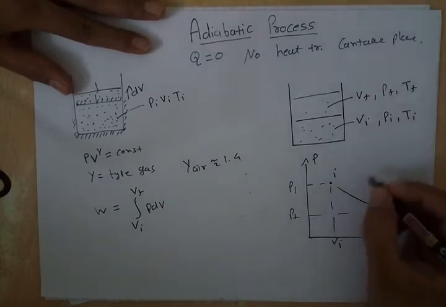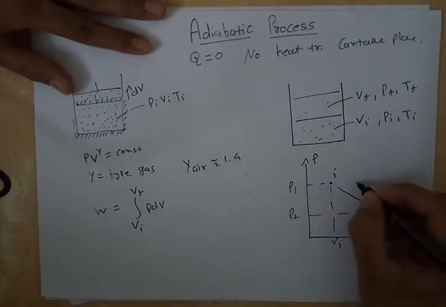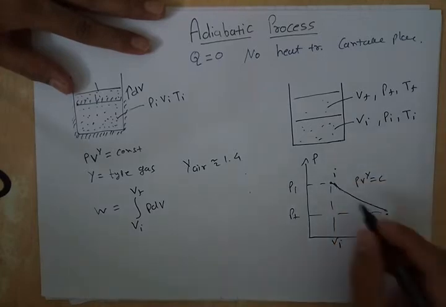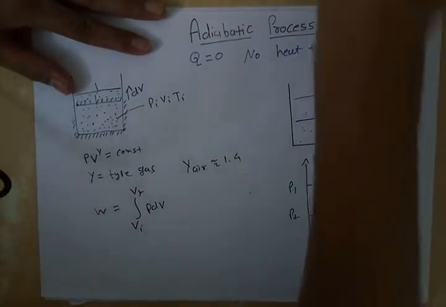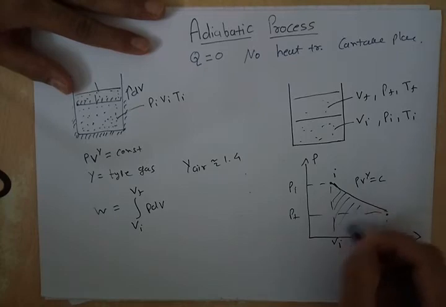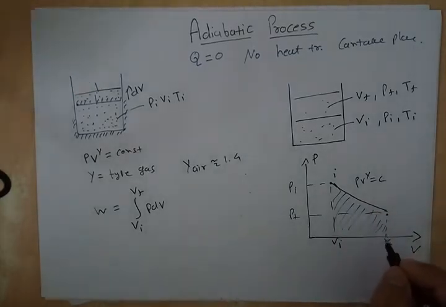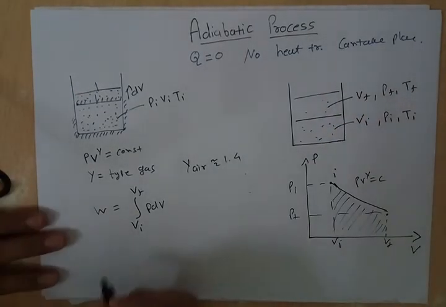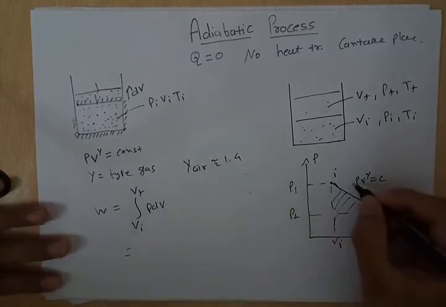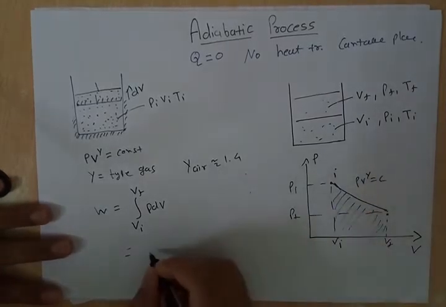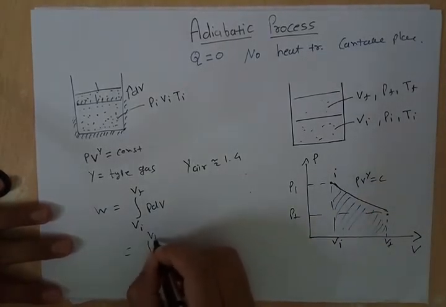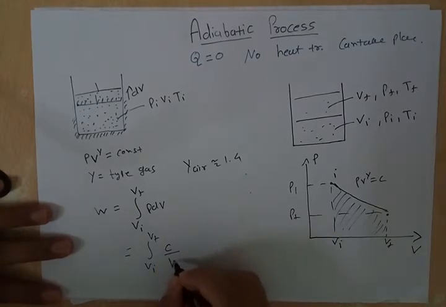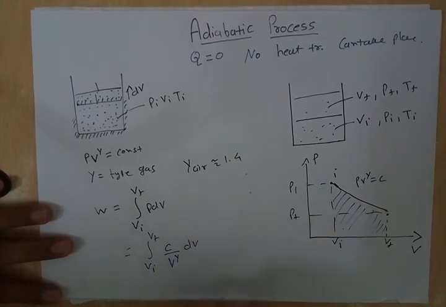And this curve is the PV raised to gamma is equal to constant curve. So the area under the curve gives the value of work done by the system in this expansion process. So we'll put this P in terms of V here. So integral from Vi to Vf of C upon V raised to gamma dV.